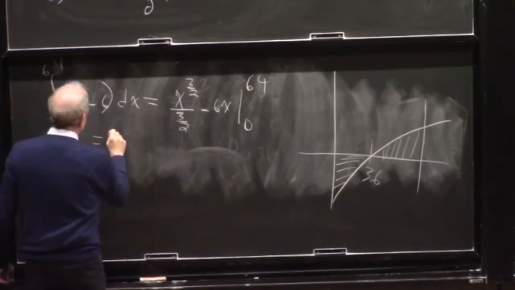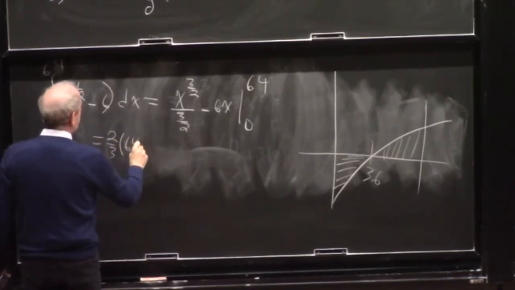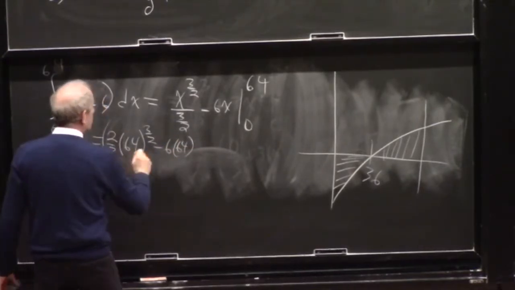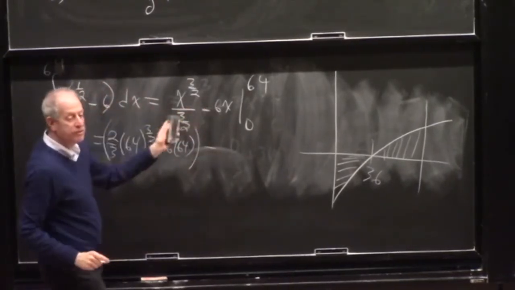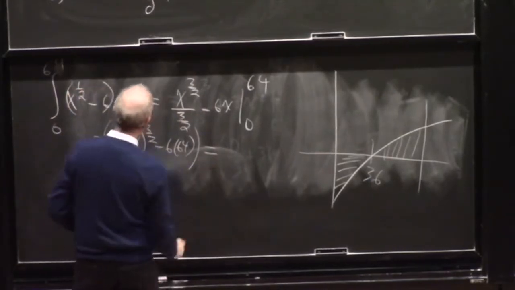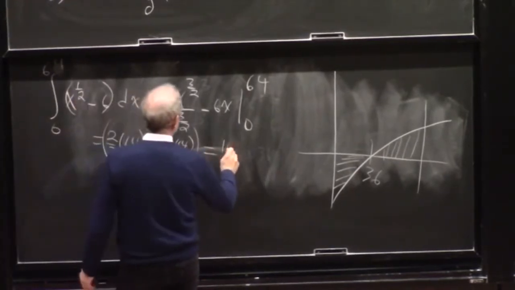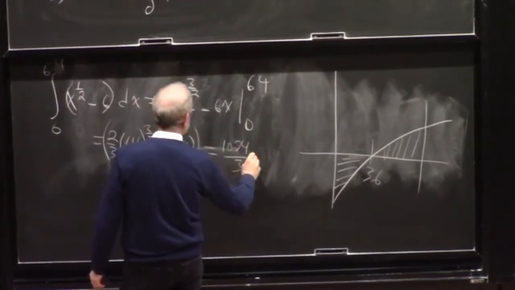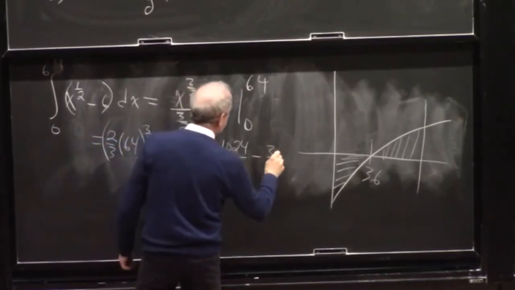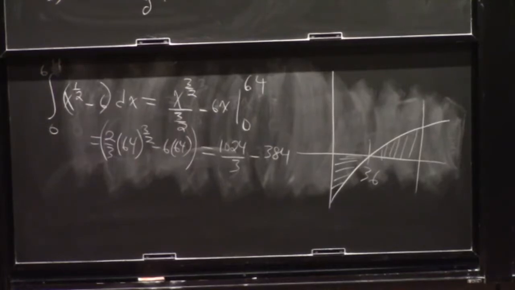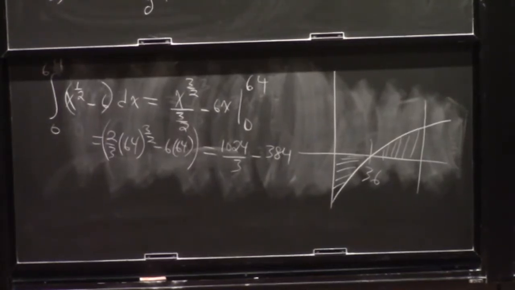Which is 2/3 of 64 to the 3 halves minus 6 times 64. Minus, when you plug in 0, both of these terms are 0. So let's see, that's 1024 over 3 minus 384. That is a negative number. That is negative 128 over 3. Is that right?